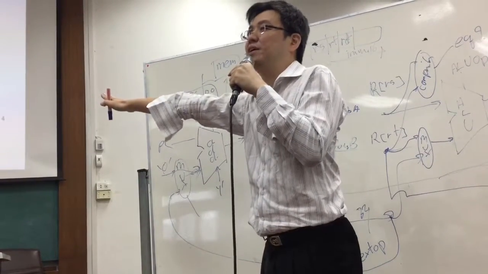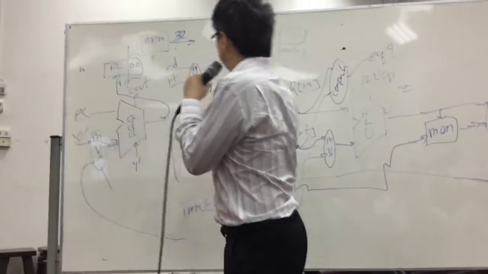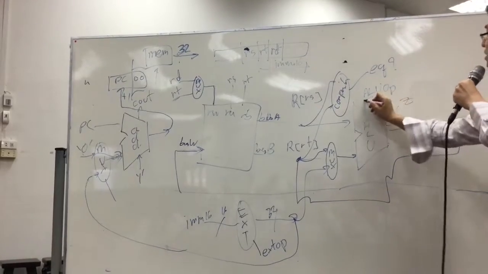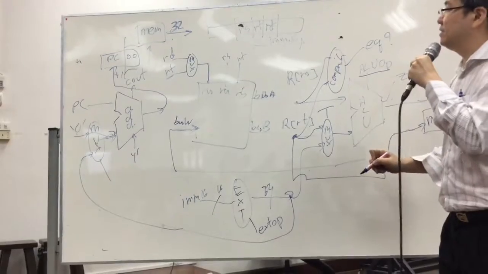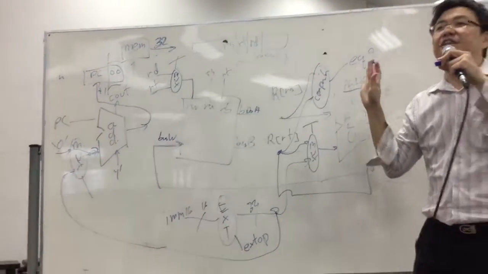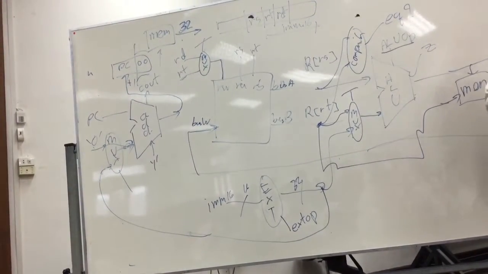This is just the data part, how the wiring works, without touching the control. This is the control that we have to think about. Just leave it for now. Just make sure you understand the data part first. We will get to that.